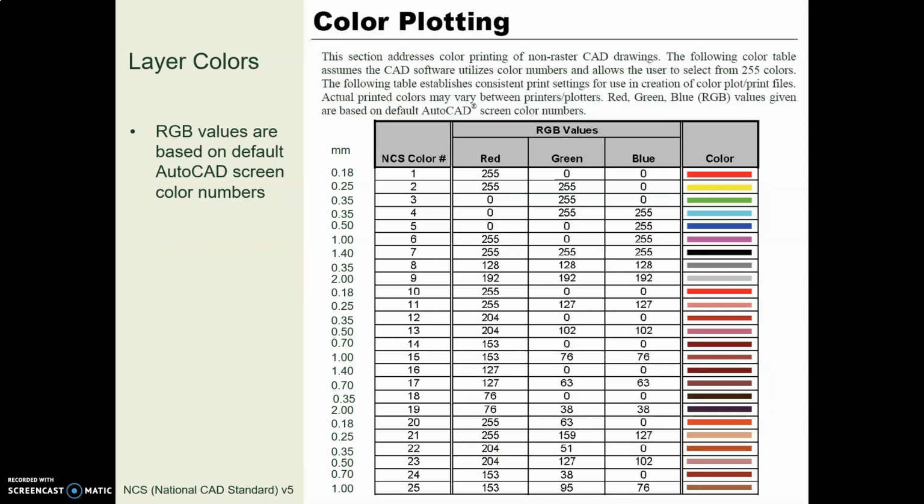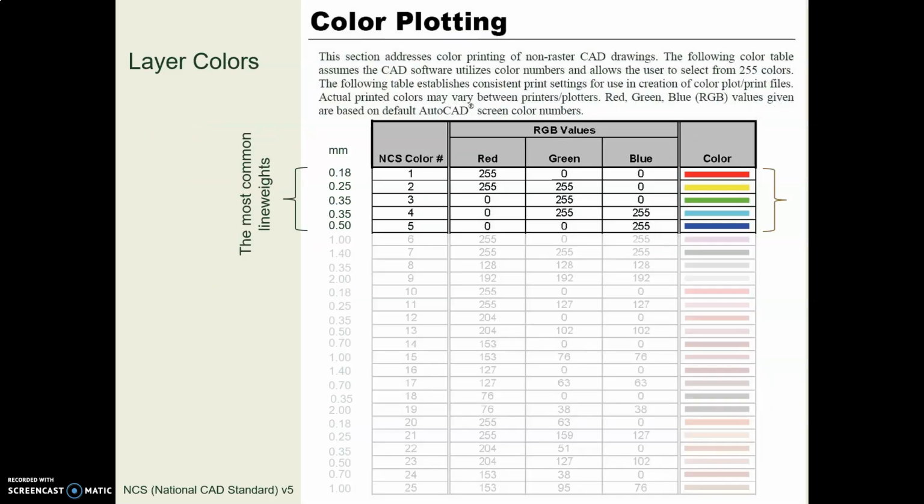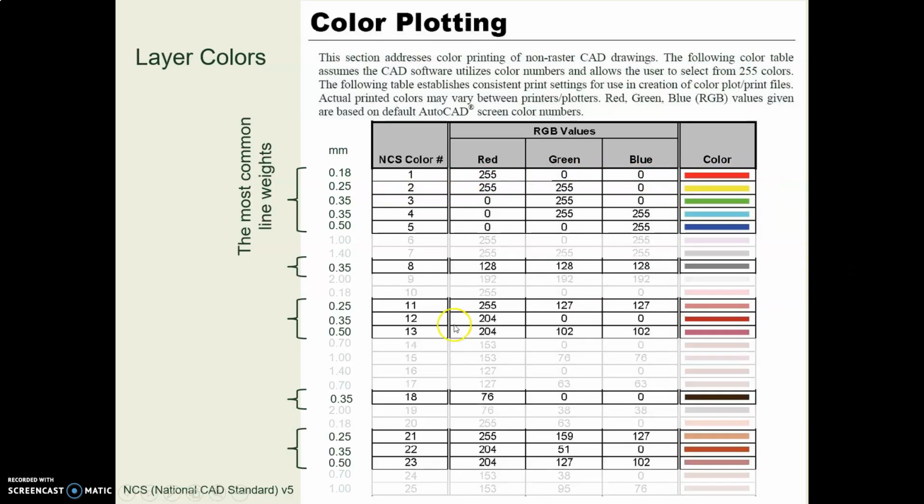According to the National CAD standard, if you have, let's say, a 0.25 millimeter line, you could make it yellow, but you couldn't make it these other colors. Or you could make it this kind of salmon-y tone, or this other salmon-y tone. And then here are some other tones for other line weights.